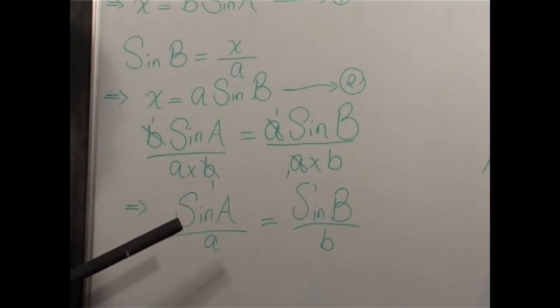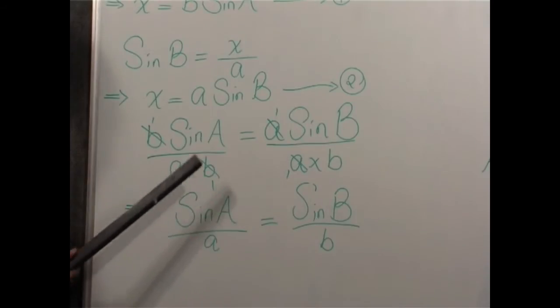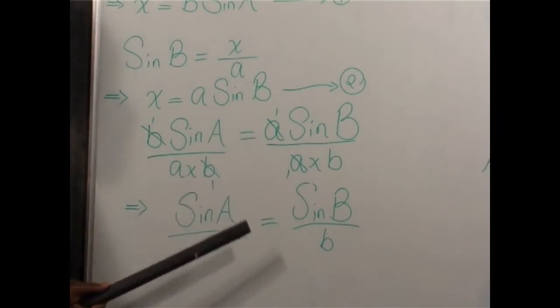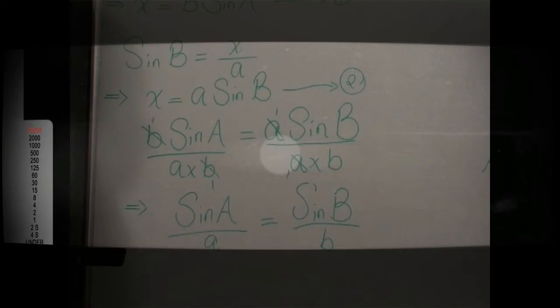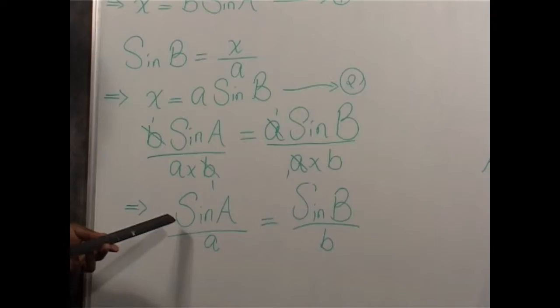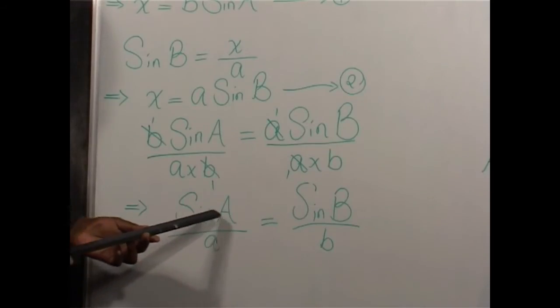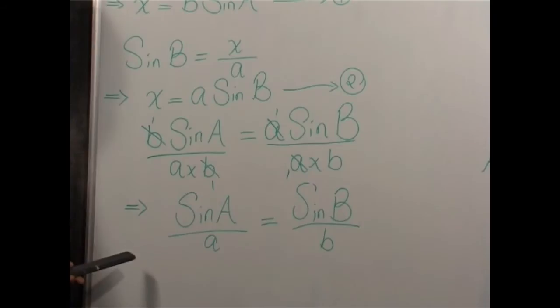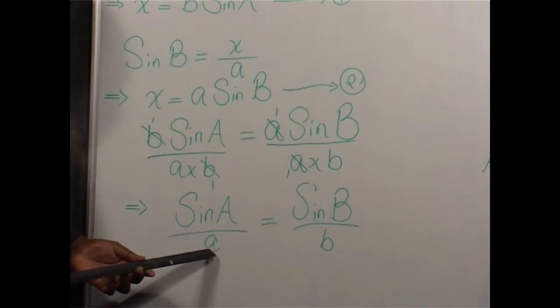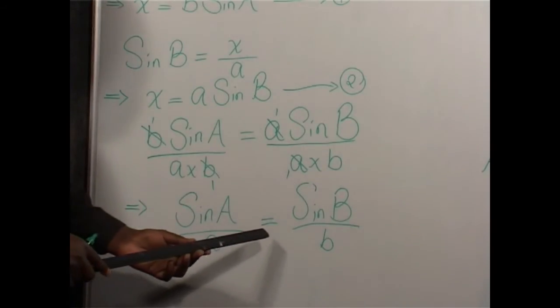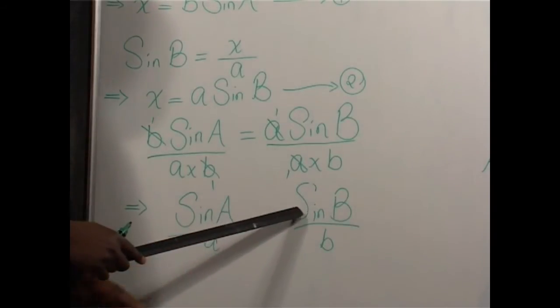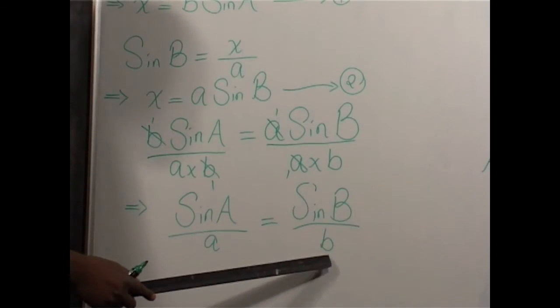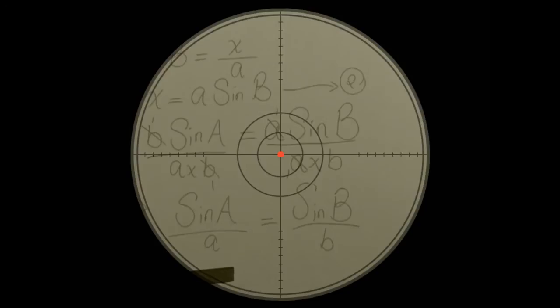As I said, all we have done is express the sine rule in a manner which is easier to remember, because it will be a question of you recalling that the sine of an angle A must be divided by the side opposite the angle A, and this should be equal to the sine of the angle at B divided by the side opposite the angle at B.